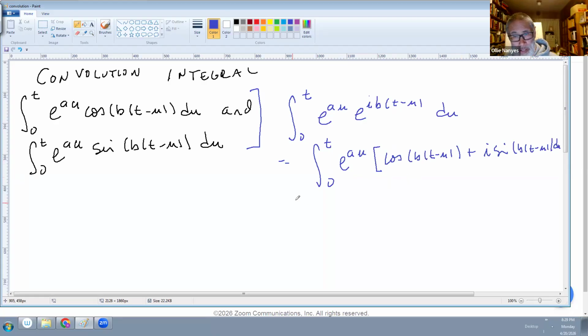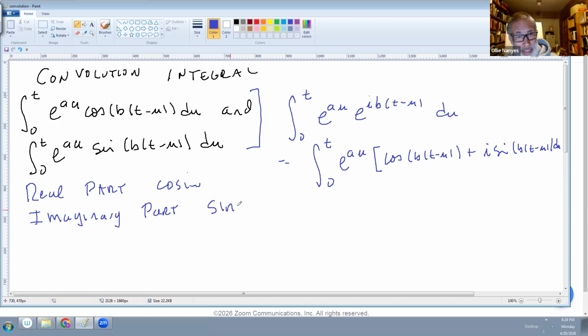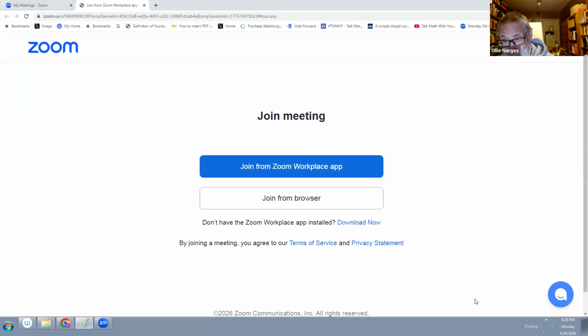And notice the real part will be the cosine, and the imaginary part of our final answer will be the sine. So that comes from the sine having the i attached. So I'm going to go ahead and do this integral instead of these two separately. And we don't have to worry about all the nasty by parts.